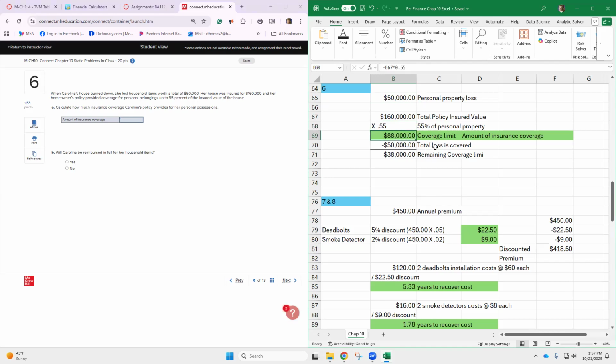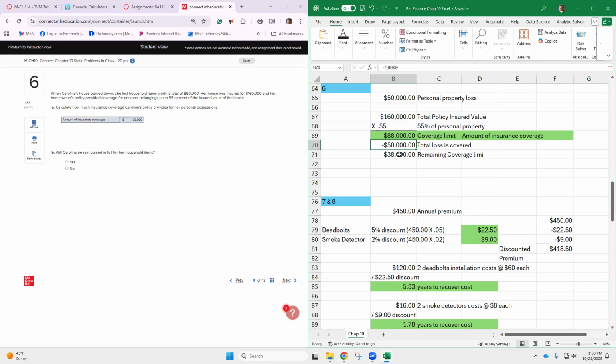So the coverage limit of personal property is like clothing, furniture, equipment, items in the house. Okay, so the coverage, which is 55% of the insured value, is 88,000. And her loss was 50.